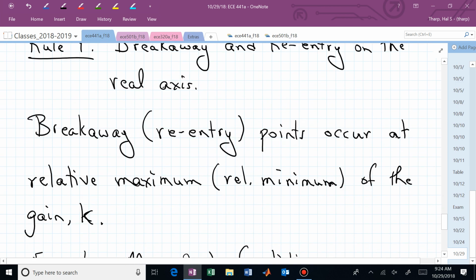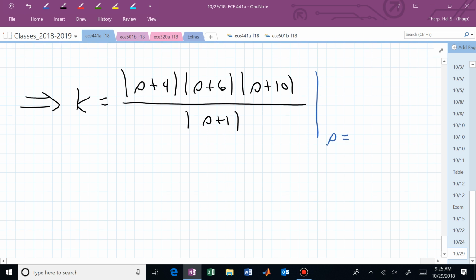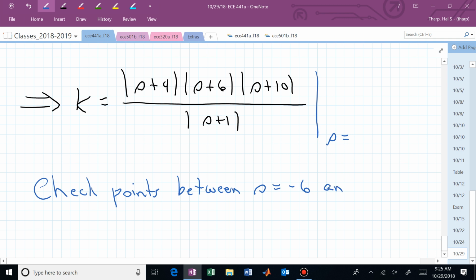So we could sit down with a cup of coffee, or whatever you enjoy, and evaluate this for different values of s. We know that we want to check points between s equal to -6 and s equal to -10.